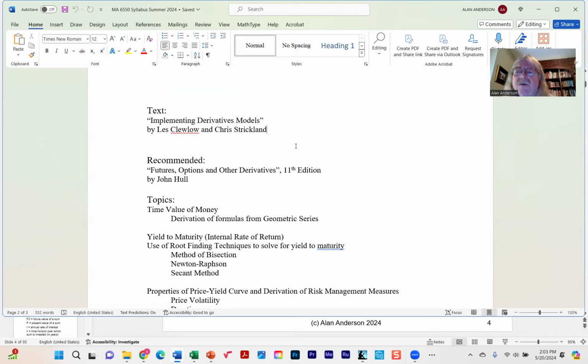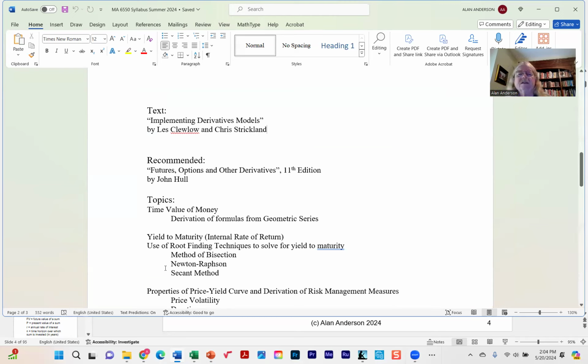It's really a spectacularly important book. If you really mean to work in this field, you really should have a copy of Hull's book, but it's not necessary for this class. But my notes are largely based on his book. Not all of it. I mean, the discussion about time value of money is all mine, but the rest of it, I try to follow along what he's doing, including his notation.